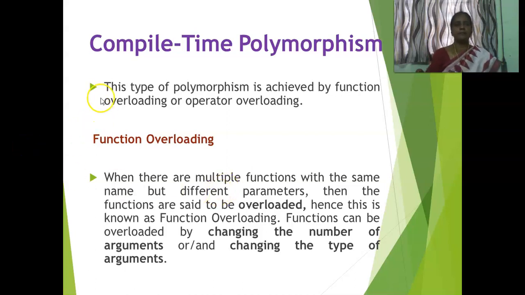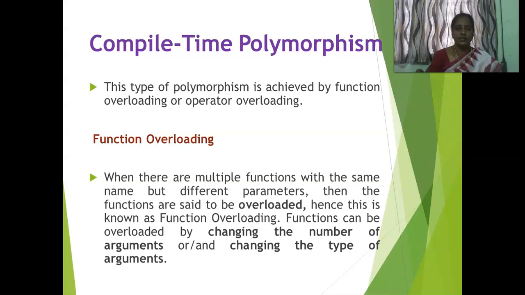What is compile time polymorphism? This type of polymorphism is achieved by function overloading and operator overloading. Function overloading. What is function overloading? When there are multiple functions with the same name but different parameters, then that function is said to be overloaded.